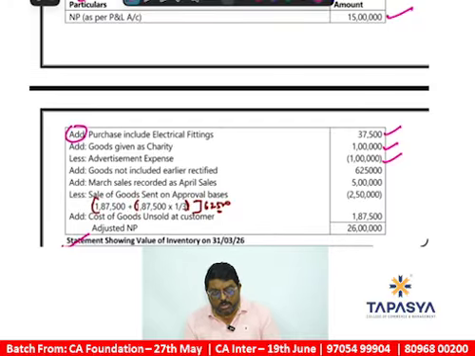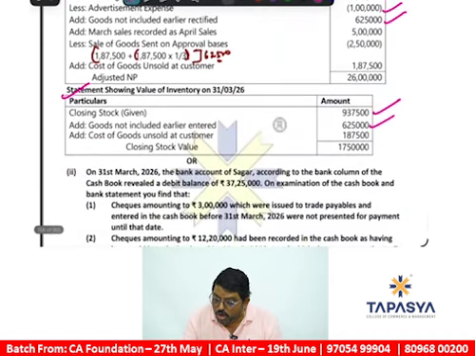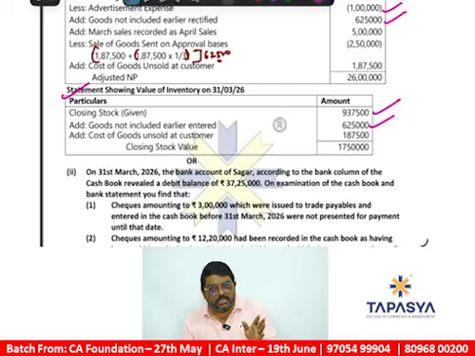When you include the goods, profit will automatically be increased, no doubt, and your stock also will be increased. If you take that into your closing stock, your profit and your stock both will be increased. Okay? And go to the next point.